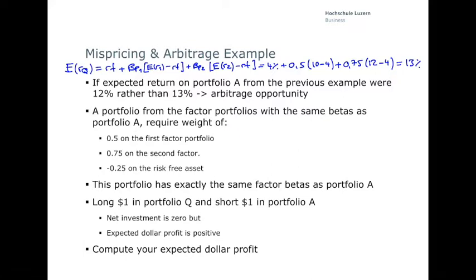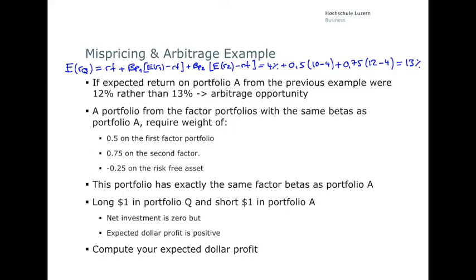Mispricing and arbitrage example. Suppose that the expected return on portfolio A from the previous example were 12% rather than the previously calculated 13%. This return would give us an arbitrage opportunity.